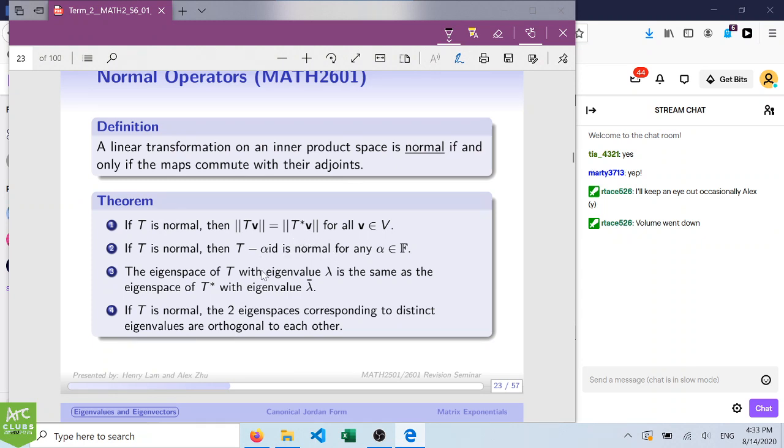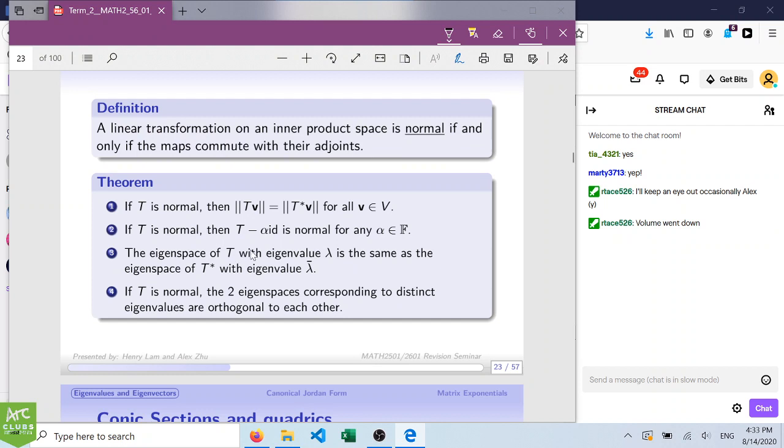And then finally, an eigenspace of T with eigenvalue lambda is also going to be the same as that of T star with eigenvalue lambda bar.